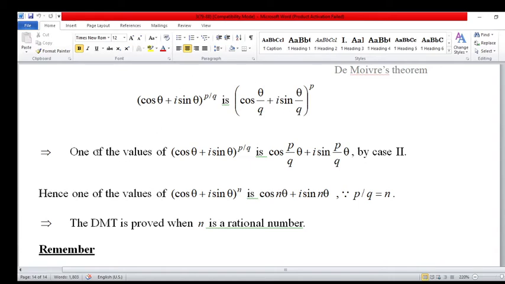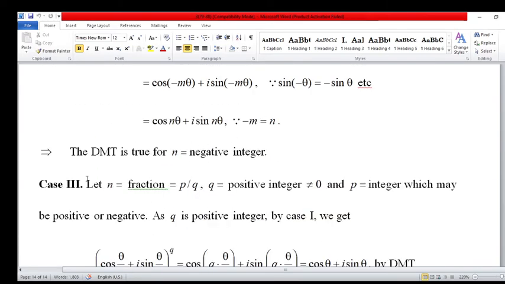And this equation again shows one of the values of cos theta plus i sin theta raised to the power p upon q is cos p upon q into theta plus i sin p upon q into theta, by the second condition, that is case 2. Hence one of the values of cos theta plus i sin theta raised to the power n, where p upon q is equal to n, is cos n theta plus i sin n theta, and this is already given in our statement.